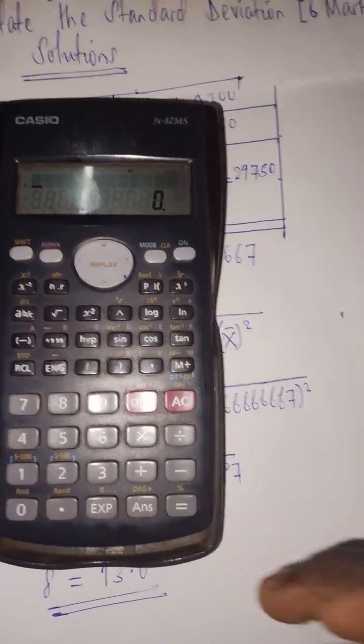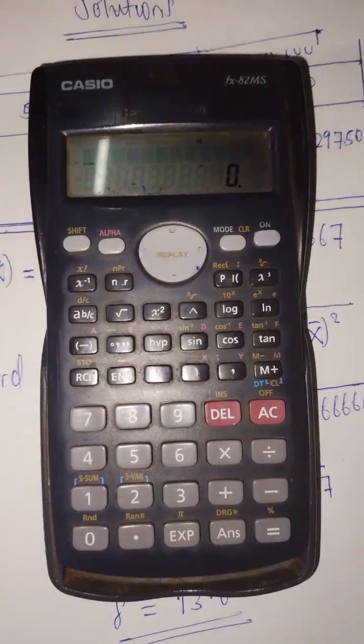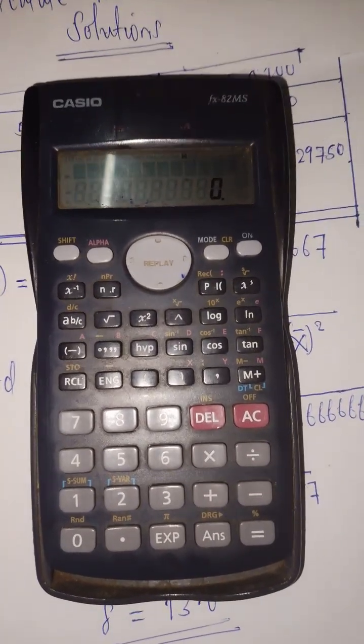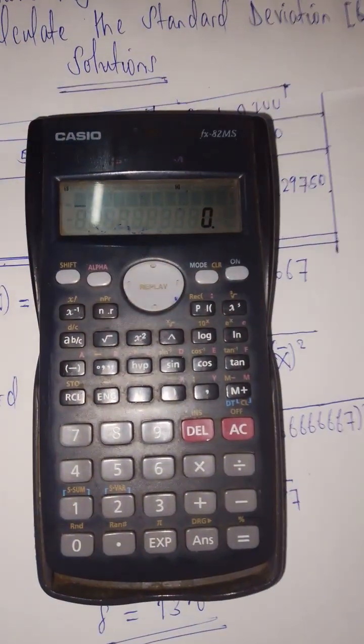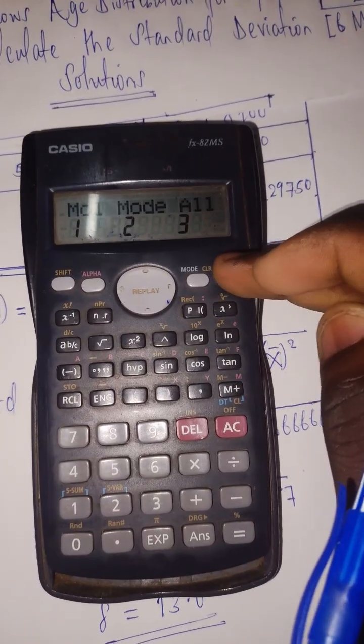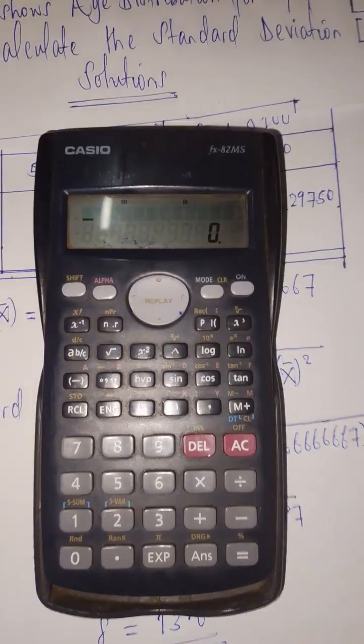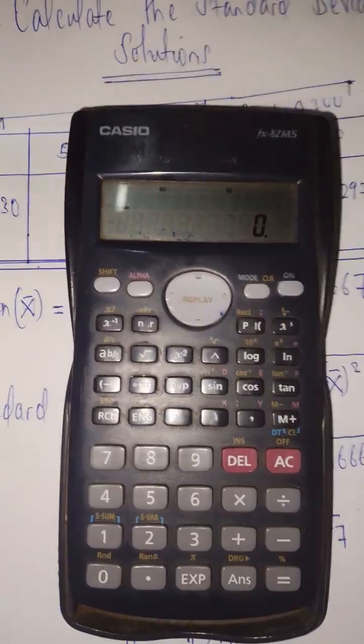And I've reset my calculator. Then I'm going to start with the midpoint. So I'll first set this calculator in standard deviation mode. So I'll go on mode, then press 2. Okay, so it is now in standard deviation.